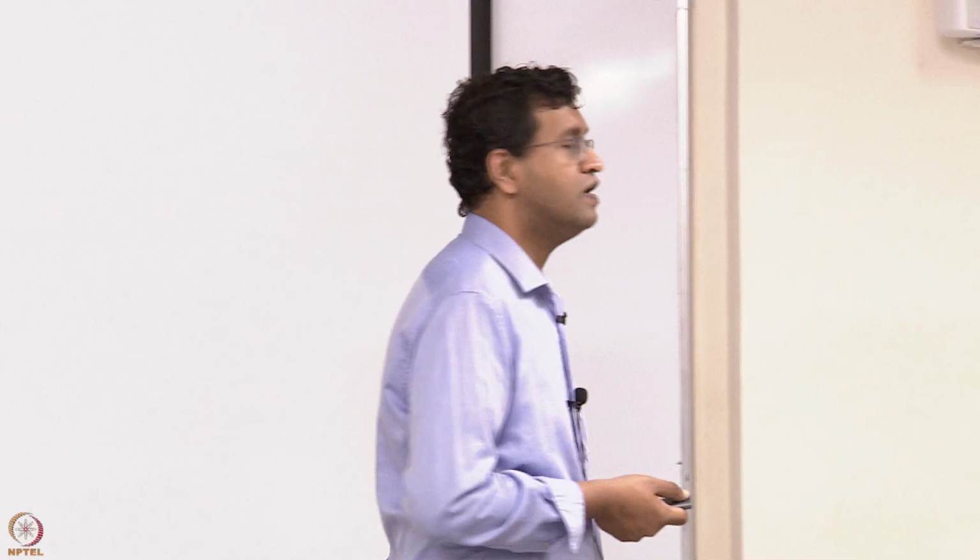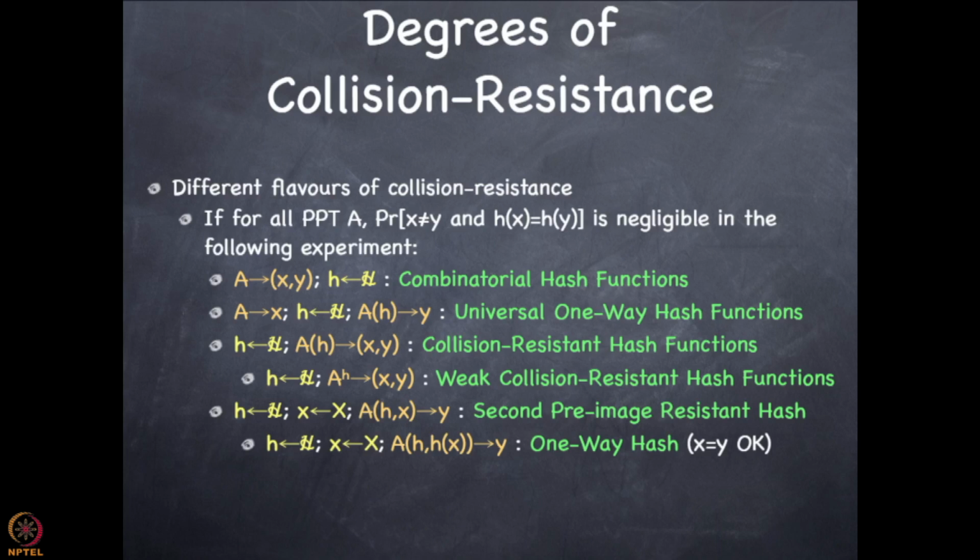Okay. All right. So collision resistance. There are many flavors of it. Here is a little summary. We'll actually go through them line by line. They all have this flavor of an adversary. To be a secure hash function under any of these definitions, we want it to be hard for an efficient adversary to find a collision. What is a collision?